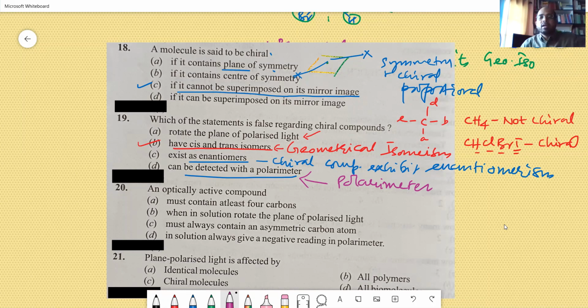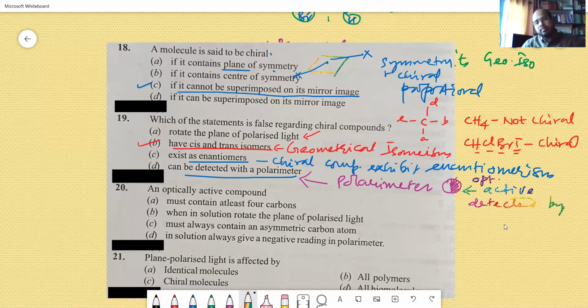If the compound is optically active, you will see a shaded portion like this in the polarimeter. It shows that optically active compounds can be detected by a polarimeter. So B is the right answer.